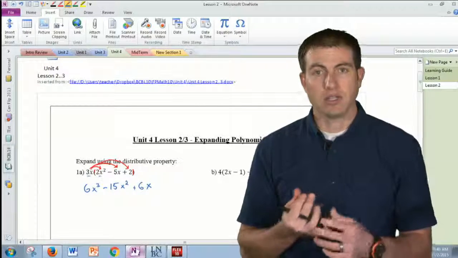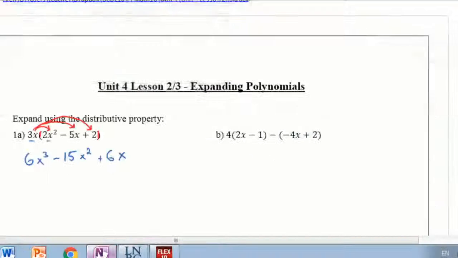Not necessarily a trick, but between my 2 binomials here, I end up with this negative sign, so I'm subtracting the second binomial. What this really means, hopefully some of you remember this, is that there's a -1 here, and that -1 is being multiplied by both things inside the bracket.